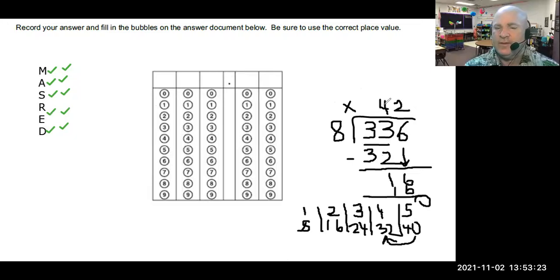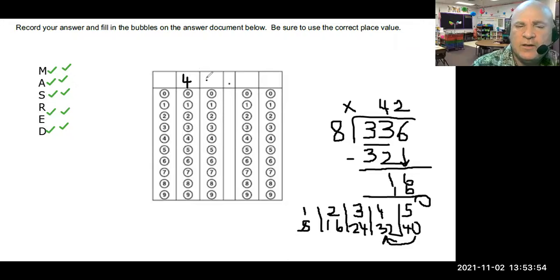4 is in the tens place, so I count from the decimal. We'll call that ground zero. Ones, tens. So 4 would go in the tens place. You would most likely be typing this on your Scantron, but I want to practice trying to write neatly with my freehand drawing.